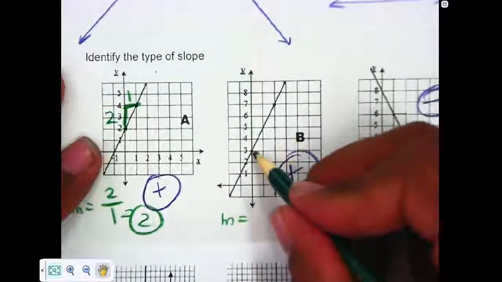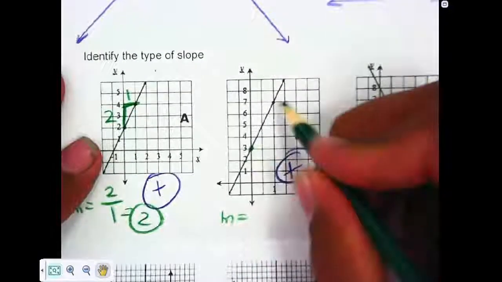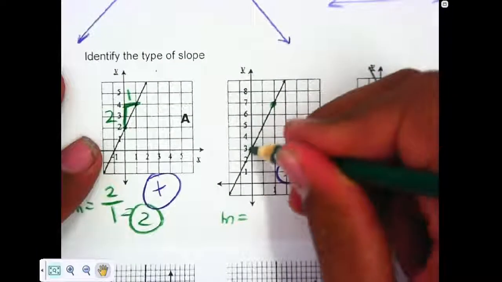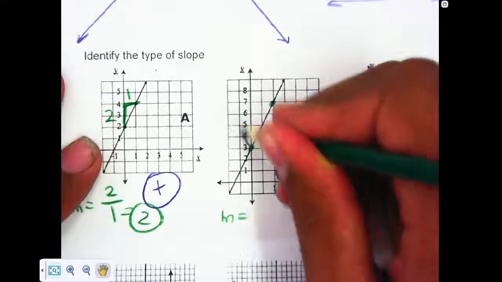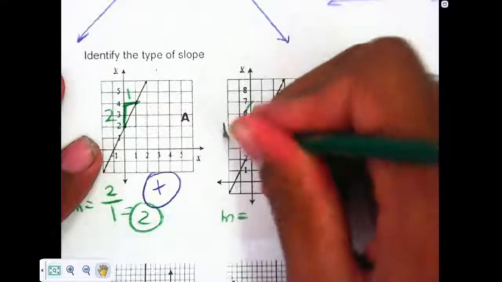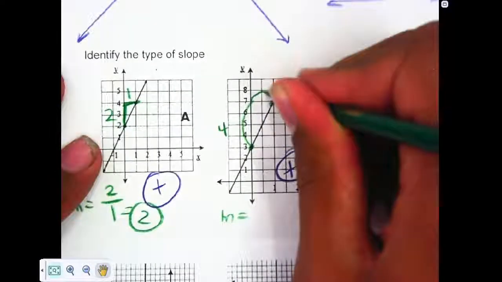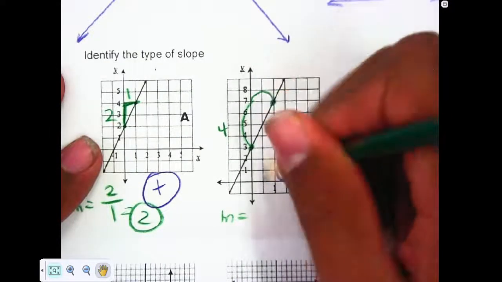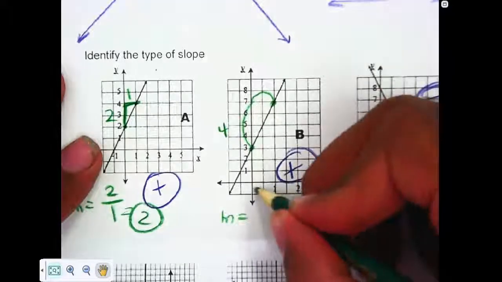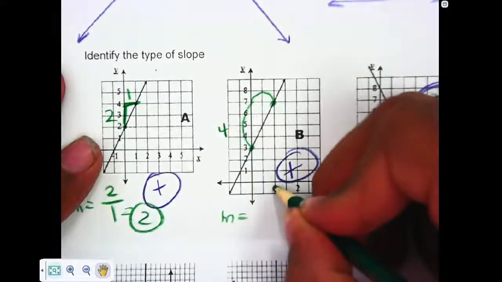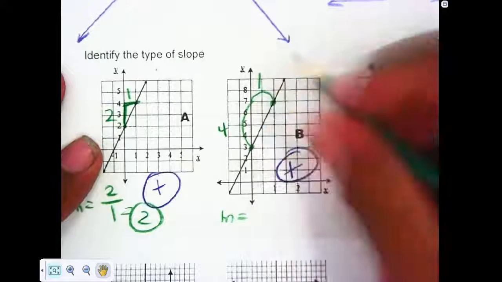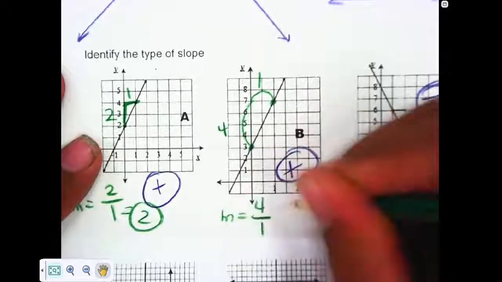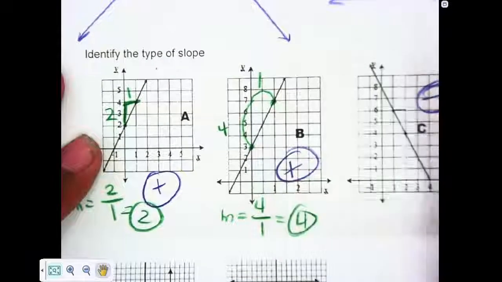Here we're going to go from this point to this point here. So we go up from 3 to 7, that's +4, and then from 0 to 1, because if you look down here, this goes from 0 to 1. 2 squares is actually just 1. So it'd be 4 over 1, which is also equal to 4.